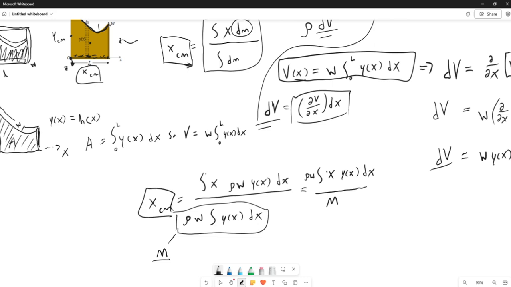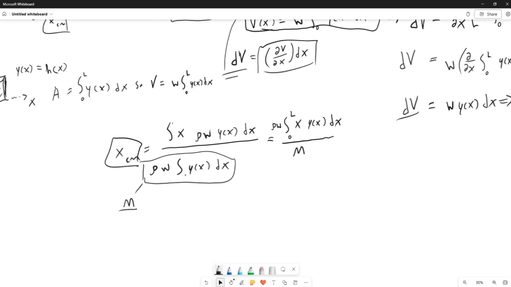Now the integral is switched to dx. And so the only place that y of x exists is from 0 to L. So we want to make our bounds reflect that. And the same goes for our denominator, 0 to L.